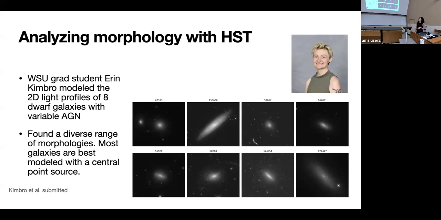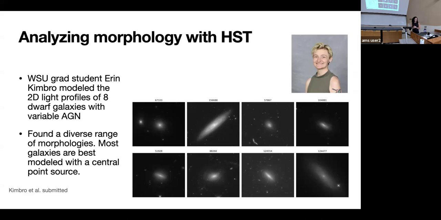Erin Kimbrough has been studying the Hubble Space Telescope imaging of these objects. Erin has modeled the structures of 8 of these dwarf galaxies that have variable AGN to compare them to dwarf galaxies with black holes selected through other techniques and to try to understand whether there's anything unique about these systems. These are the Hubble Space Telescope images of these 8 dwarf galaxies with variable black holes.